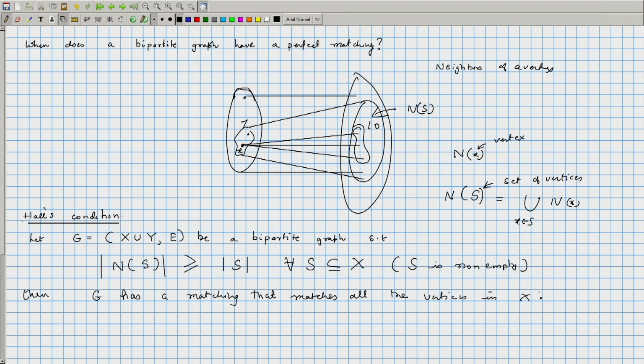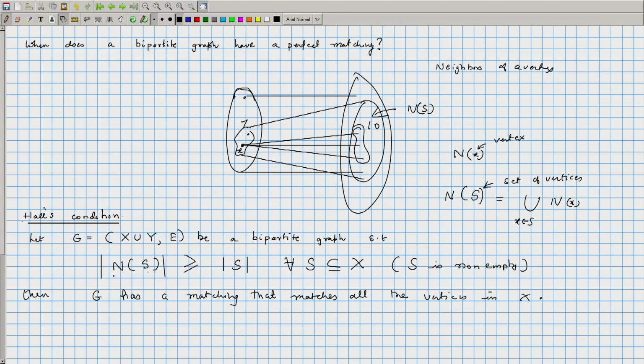Let us look at the condition carefully. N(S) denotes the set of neighbors of S, and the size of that should be greater than or equal to the size of S for every subset of X. If this condition is met, Hall's theorem guarantees that there will be a perfect matching in the bipartite graph G. But one direction is very easy.